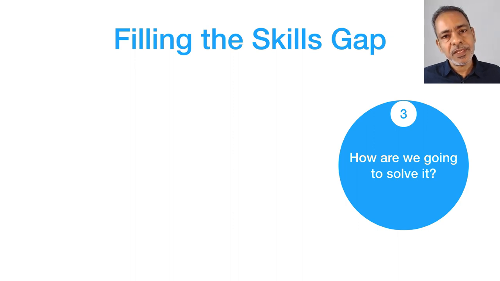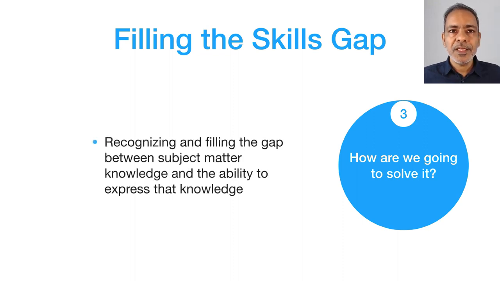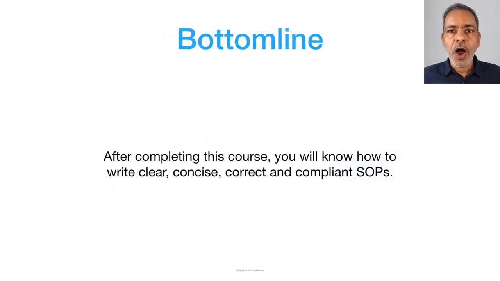And that's precisely the objective of this course. The bottom line is this. After completing this course, you will know how to write clear, concise, correct, and compliant SOPs. That's our ultimate objective.